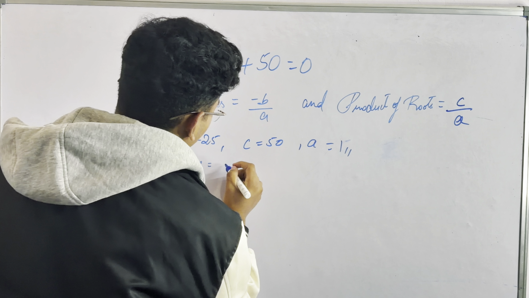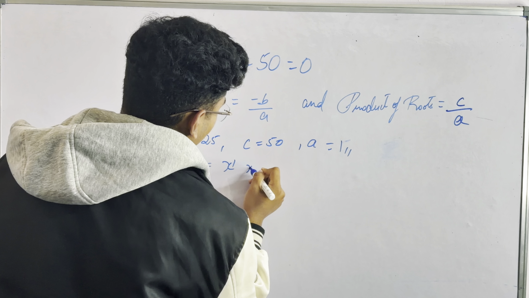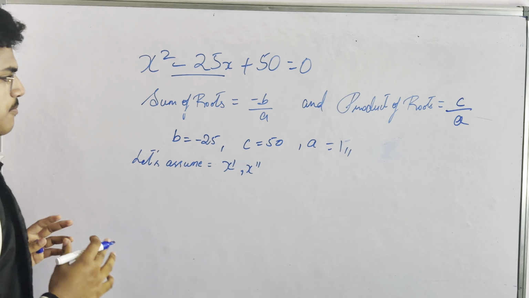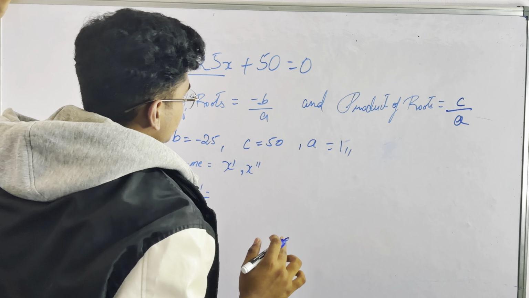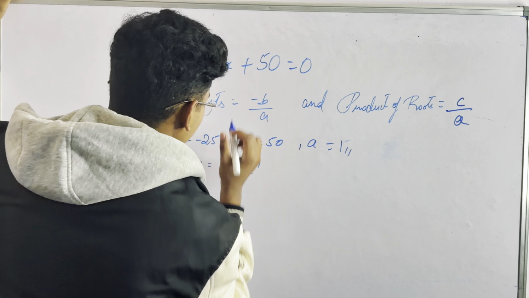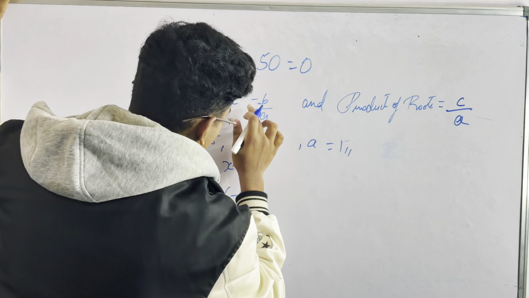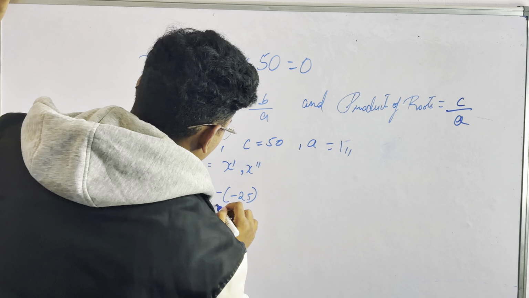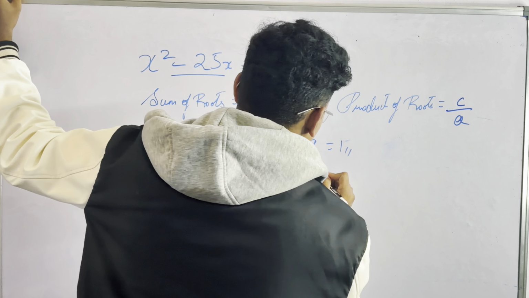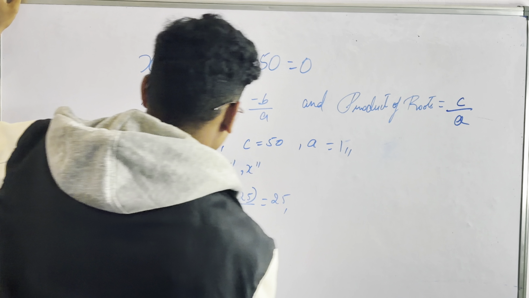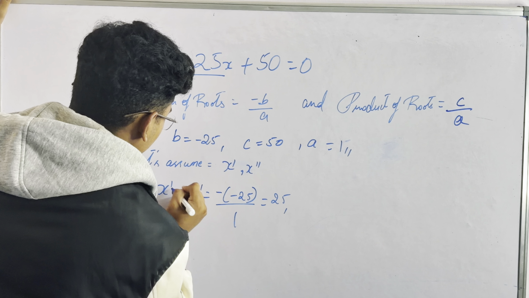Let me take x dash and x double dash for the two roots. So x dash plus x double dash is equal to minus b, that is minus of minus 25, so by 1, that is 25, right? That's the sum of roots.